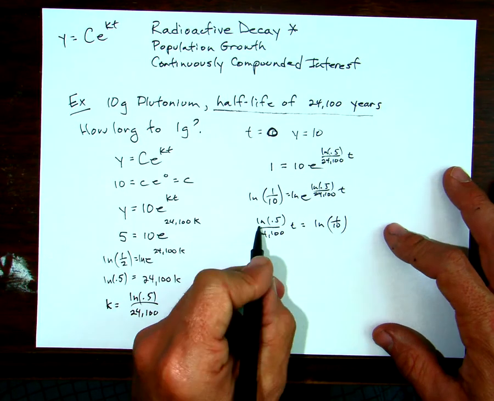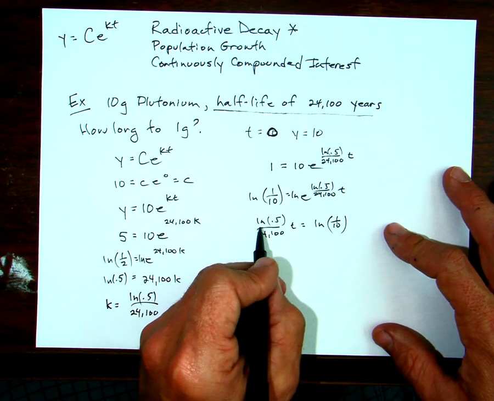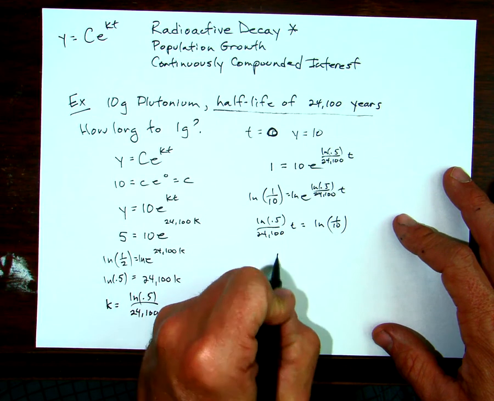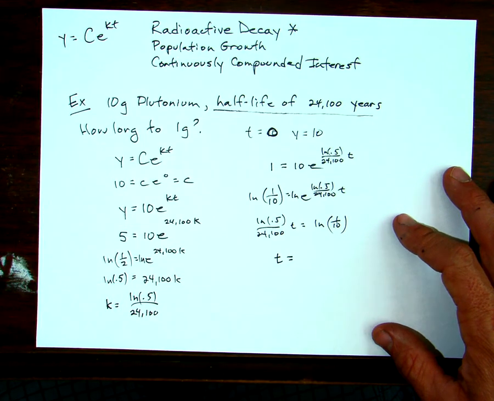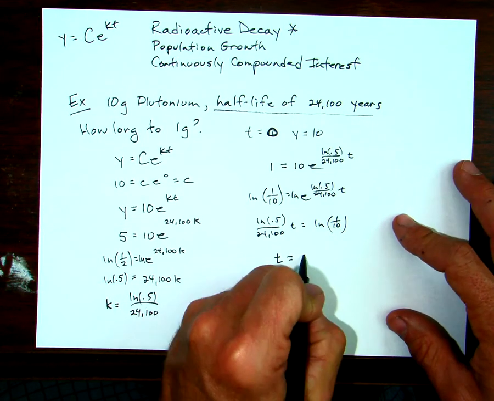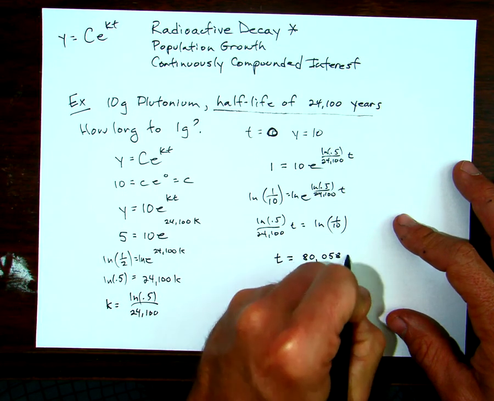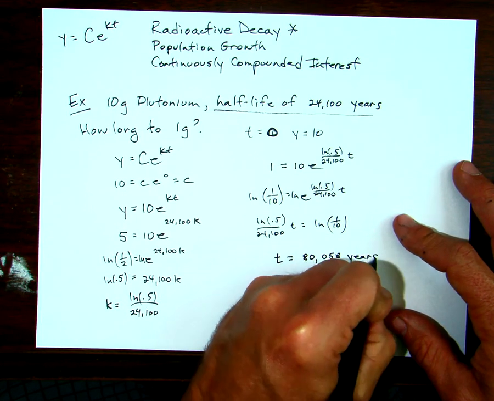If I divide the natural log of 1/10 by this, I'm not going to go through all the details there, but what you end up with is 80,058 years. A little bit more than that, but I'm just going to round to the nearest year.